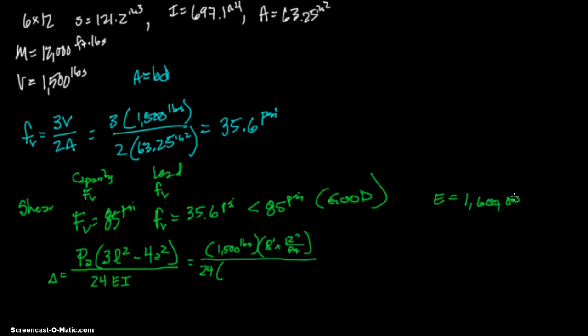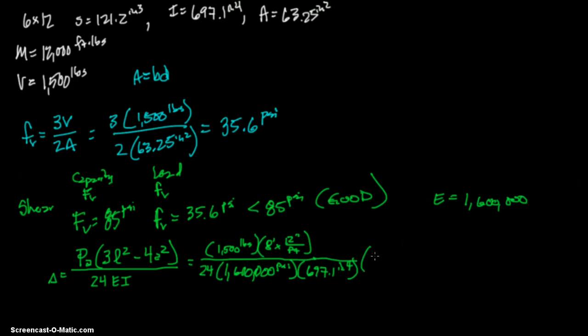And we got that on the lower table again, exactly where we got FB and FV, I guess. So we'll go ahead and put that in. And then I, we already have, it is 697.1 inches to the fourth. Alright, then we have to figure out this part right here.